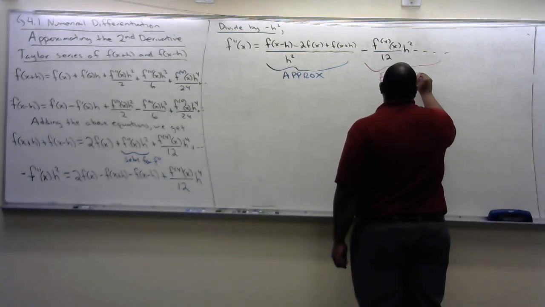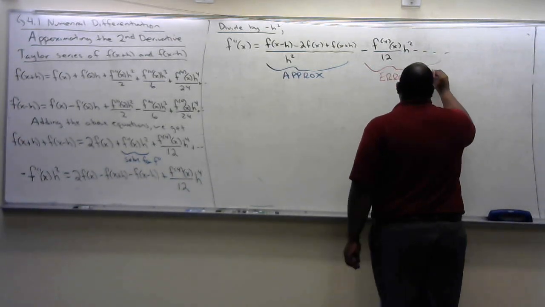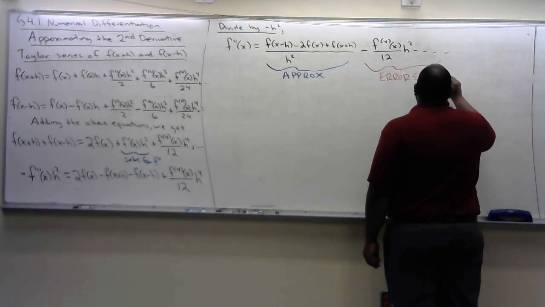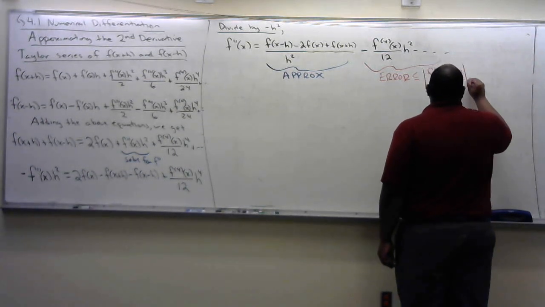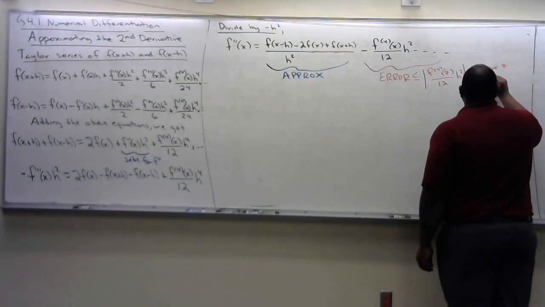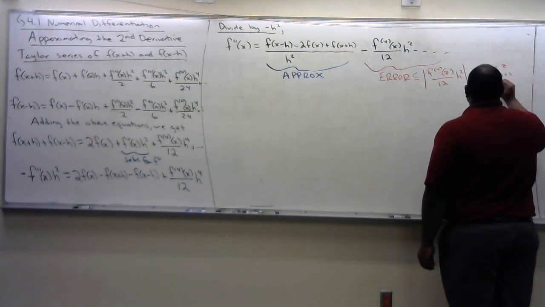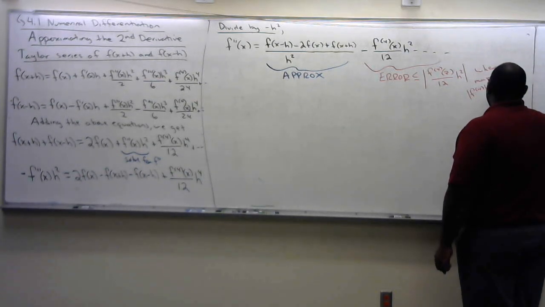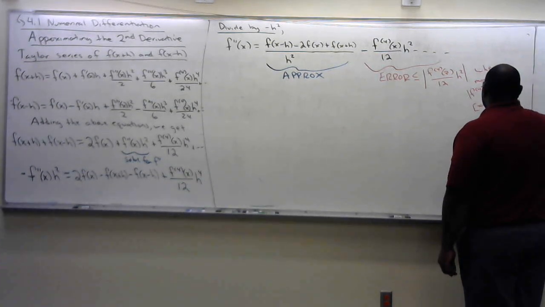And this error has to be less than or equal to the absolute value of the fourth derivative evaluated at z divided by 12 h squared, where z maximizes the absolute value of the fourth derivative on the interval x minus h to x plus h.